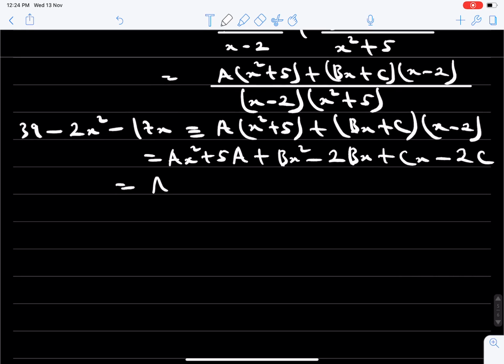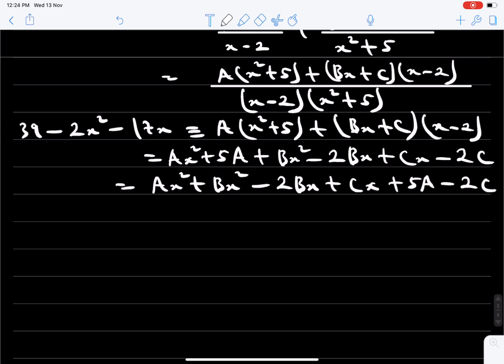That's ax squared plus bx squared minus 2bx plus cx plus 5a minus 2c. Let me check and be sure I didn't omit any of the terms. Ax squared plus bx squared minus 2bx plus cx plus 5a minus 2c.